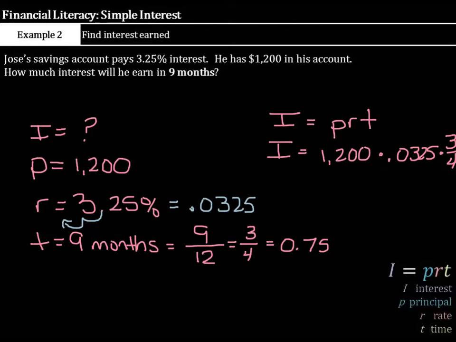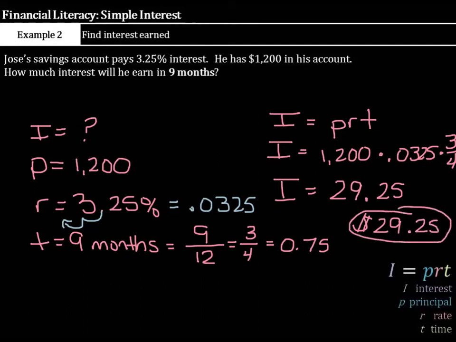When you multiply these numbers together, I equals 29 and 25/100ths, or $29.25 is the interest he has earned. One of the key mistakes that I see on this type of problem, T equals 9 months. We have to get that into years, whether it's 9/12, 3/4, or 75/100ths of a year. That's what you need to do.